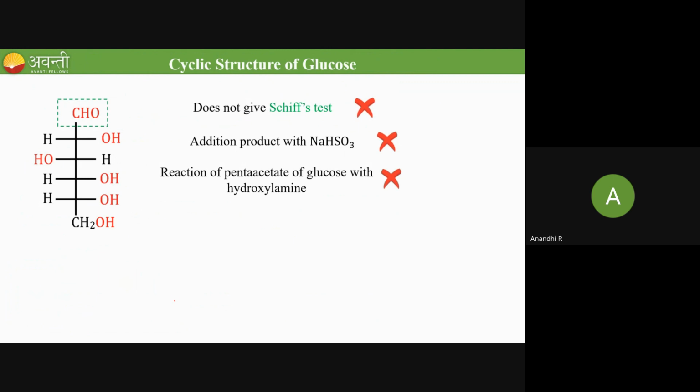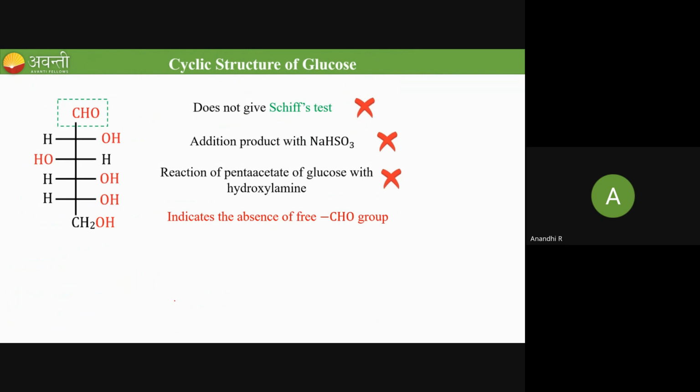That particular structure is called a cyclic structure. The cyclic structure of glucose will not give all these three. What does it indicate? It indicates the absence of a free CHO group in the cyclic structure.